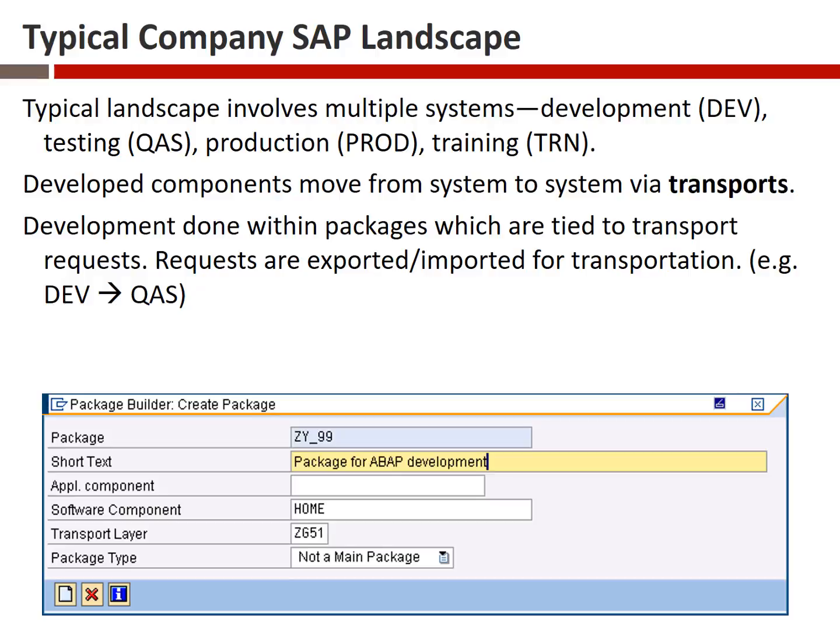So if we like my metaphor here of a ship, I have to create a transport, which is like a ship. I will put at minimum one package in that ship, okay? I could put a dozen, I could put as many packages in that ship as I want, but I always have to have a transport with a package that has my program in it.